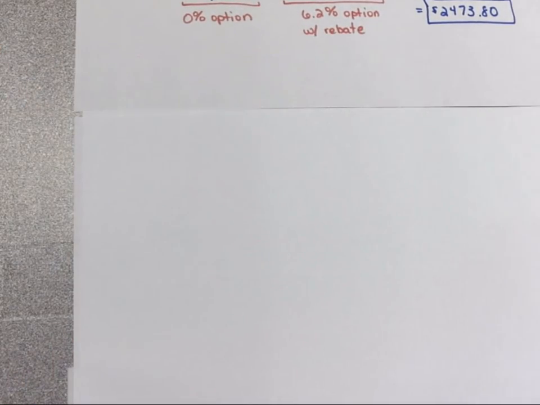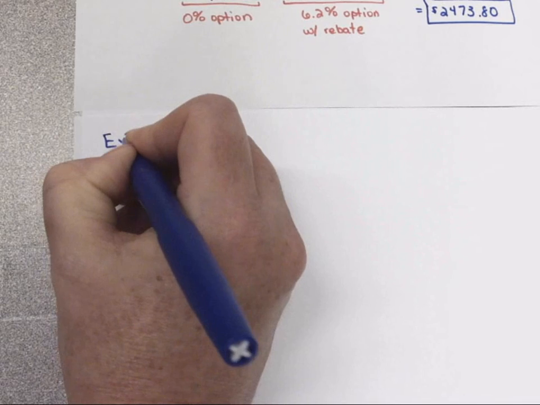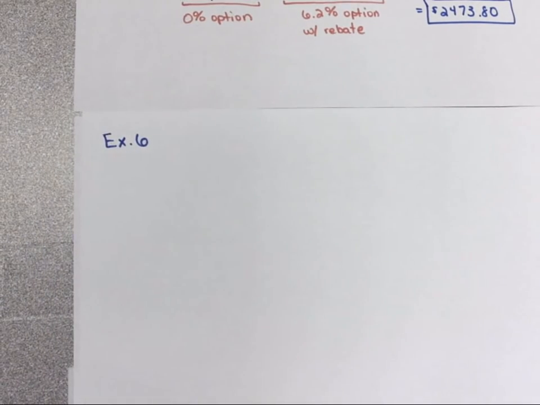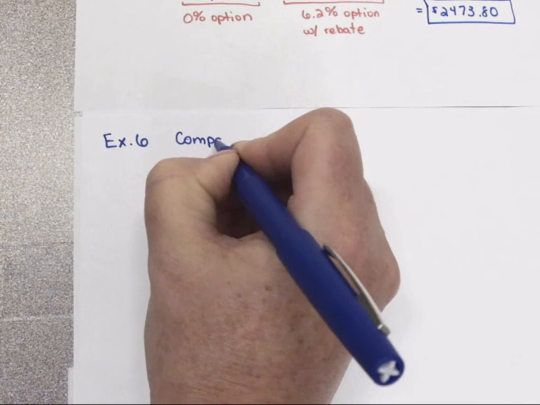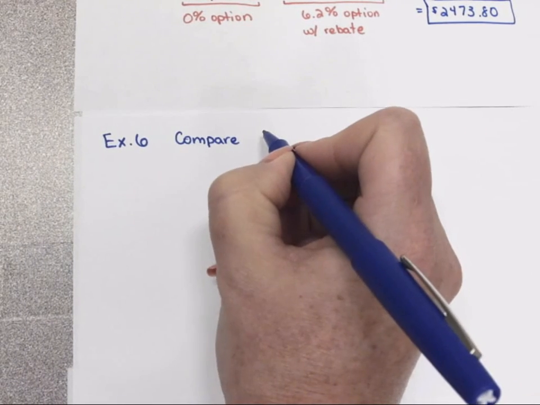So I want to compare two scenarios. And again, some of you are fairly young, you may not have purchased a home before, but I want us to compare two home loan scenarios.